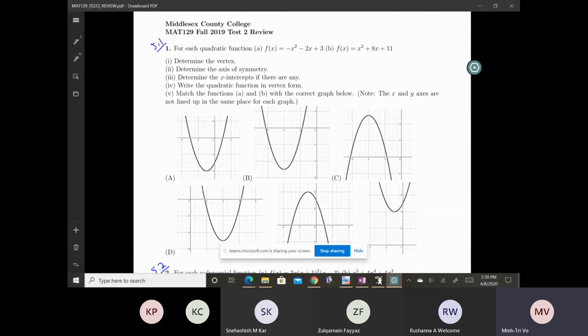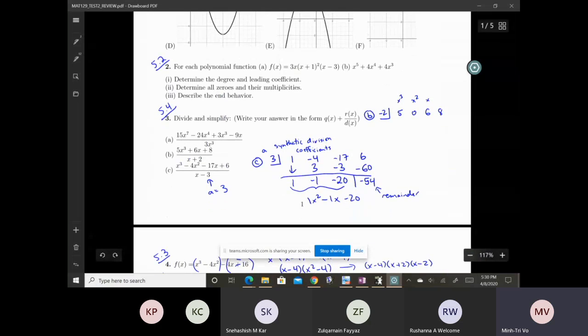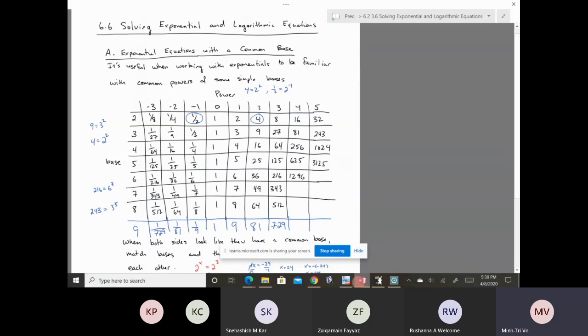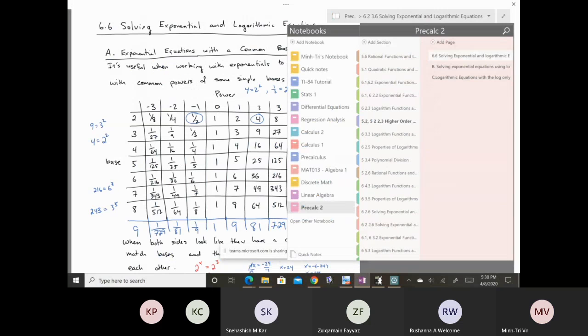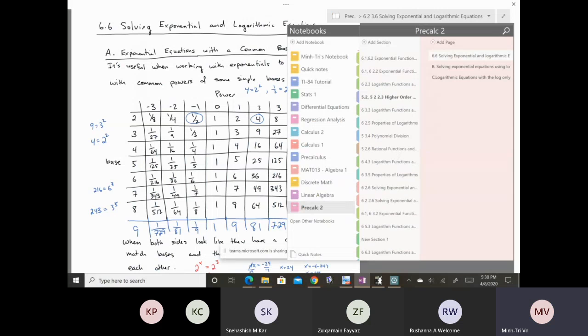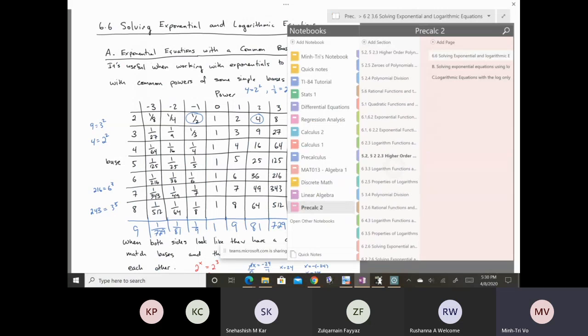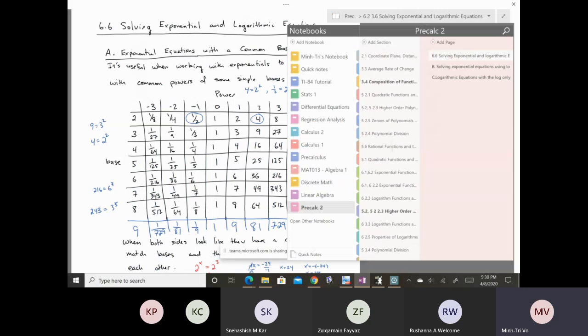So that was 5.1. This was 5.2. Where's 5.2? Which one's 5.2?